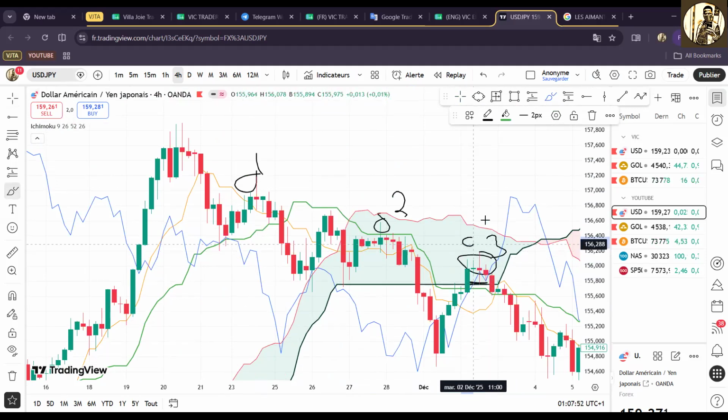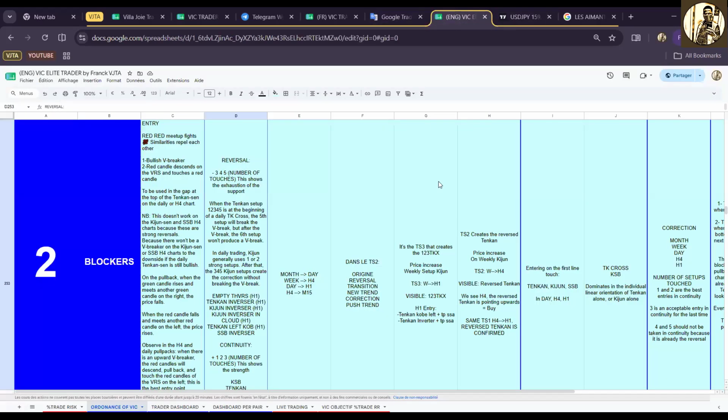This SSB inverted gives you 0% chance to go to the upside and 100% chance to go to the downside. That's how you see blockers.